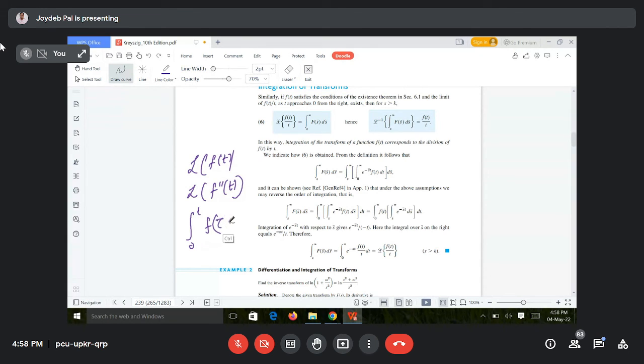Do you remember the Laplace transform of this integral? fs by s. Right?